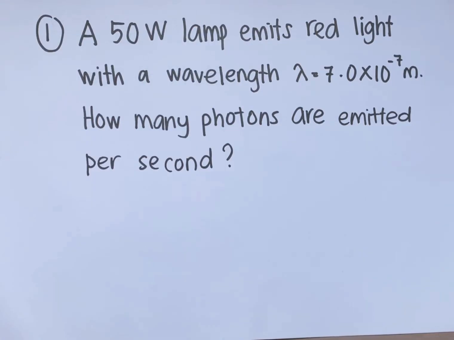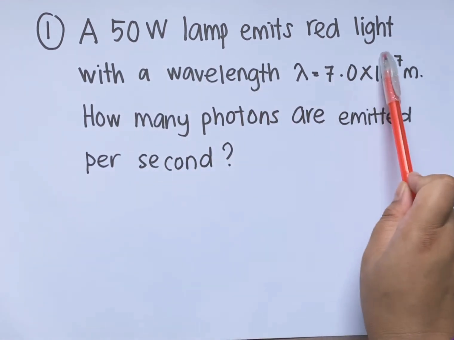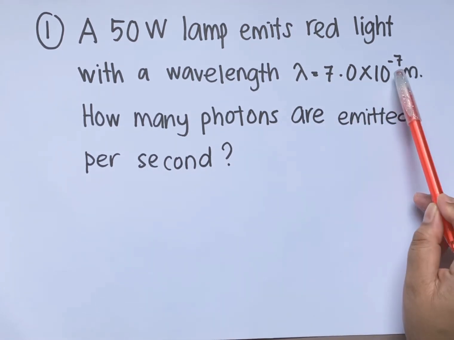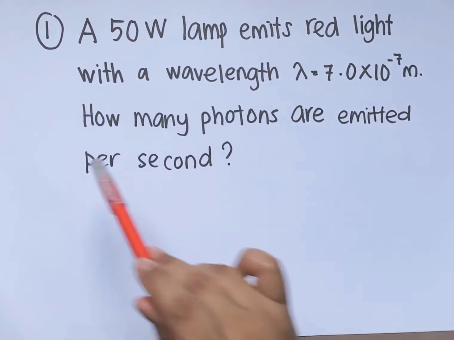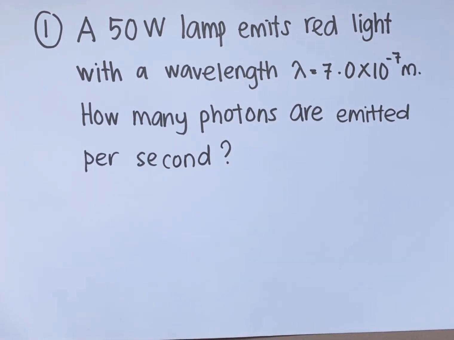Now we're going to look at the first question, which I have prepared for you. Let's read it aloud together. A 50-watt lamp emits red light with a wavelength of lambda 7.0 times 10 to the power of -7 meter. How many photons are emitted per second? The first thing we have to know is the main question, which is what the question wants me to solve.